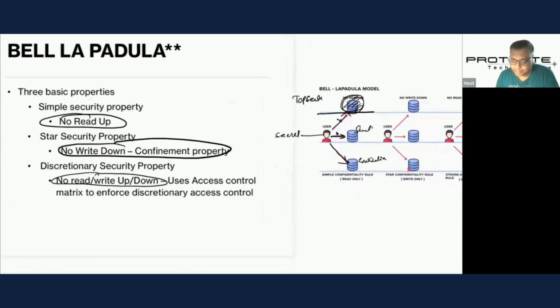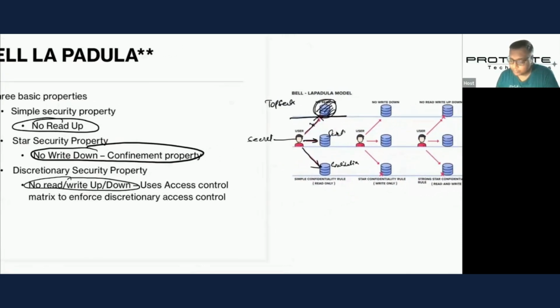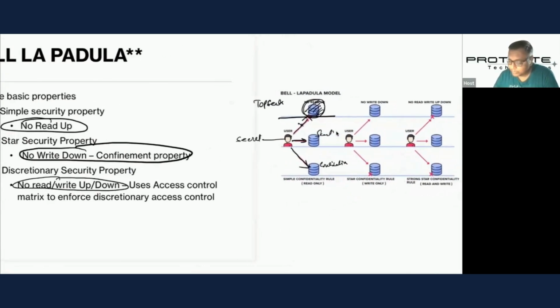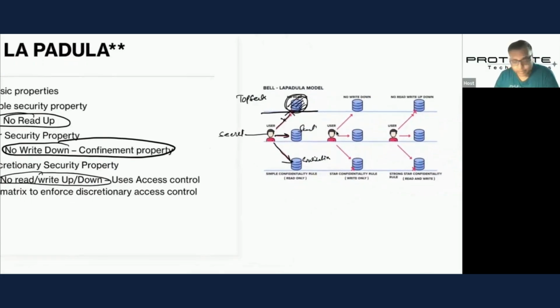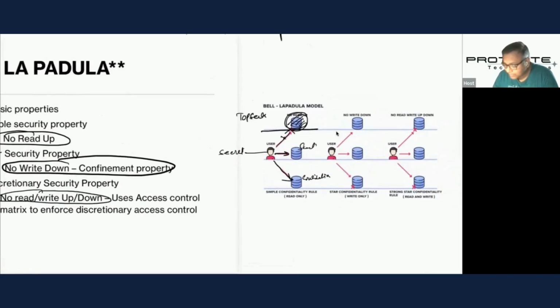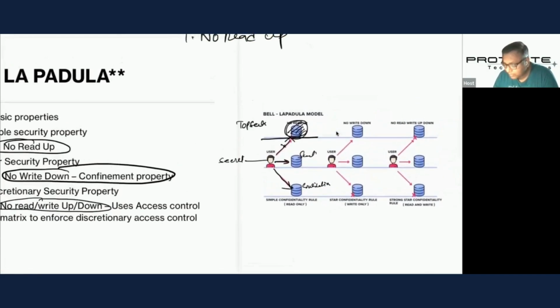Now the second property is no write down. You're not allowing the user to write down. Why? You first allowed him to read what is here. So this is secret, he's able to read secret. He's also able to read top secret. You have allowed him to read top secret and secret, but you are not allowing him to write below his classification level at the confidential level.